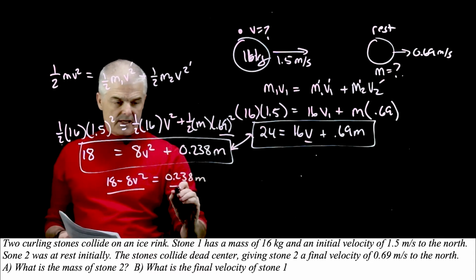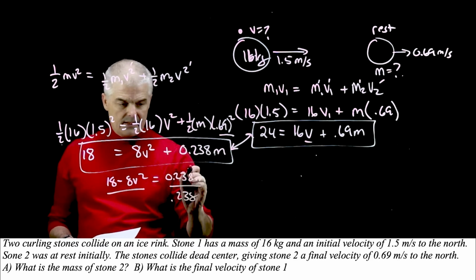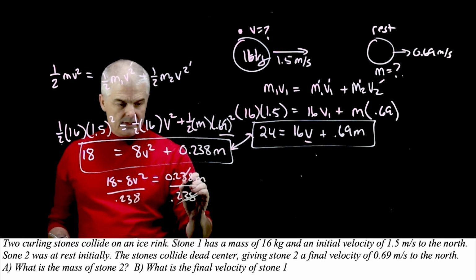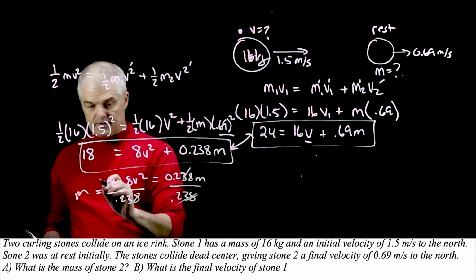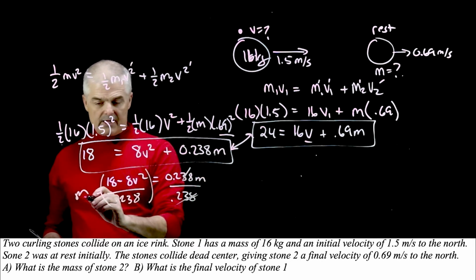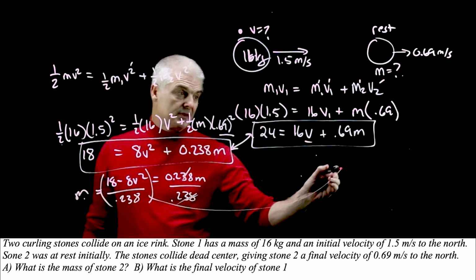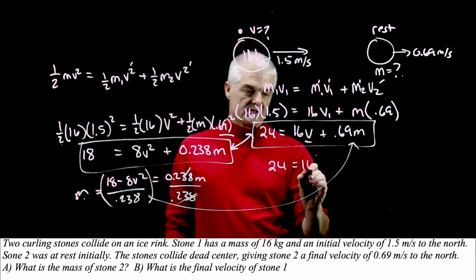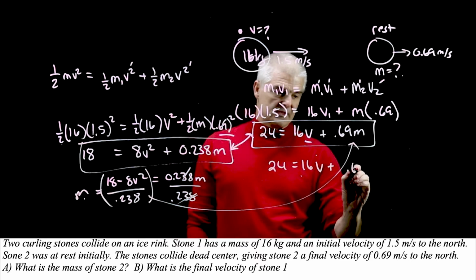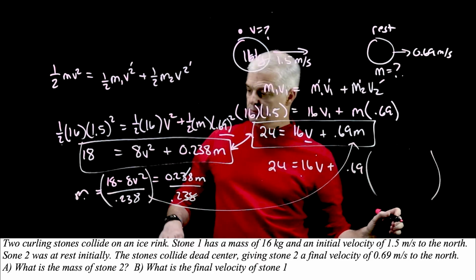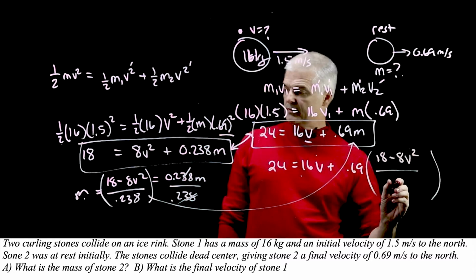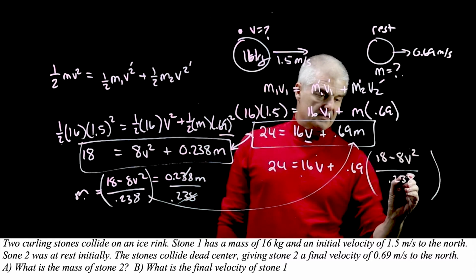If I divide both sides by 0.238, this whole term equals m. But now that I know that's m, I can plug it into the other equation. So I can now say 24 equals 16v plus 0.69 times this big term, 18 minus 8v squared over 0.238.